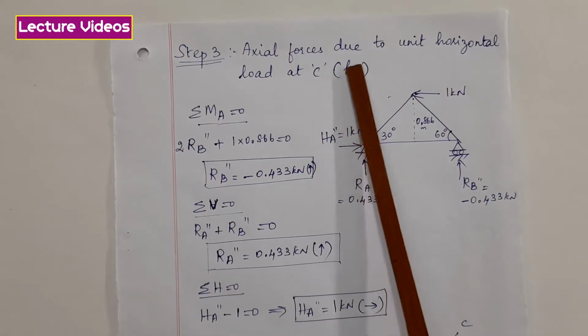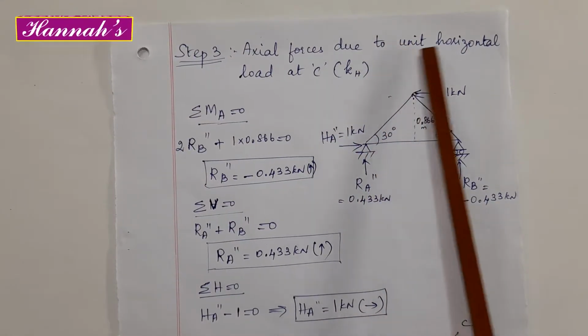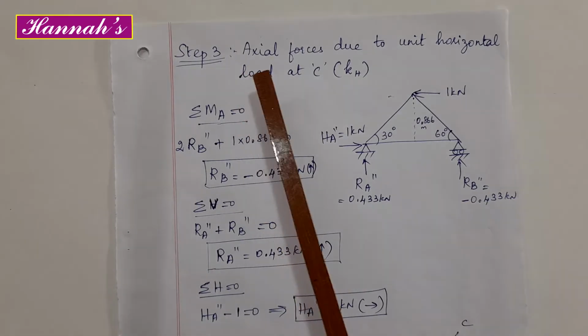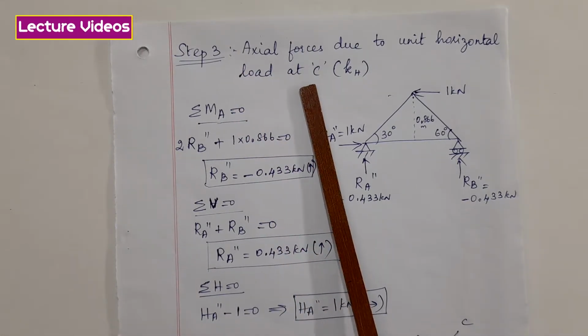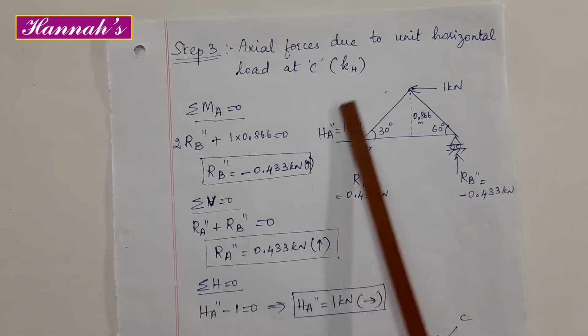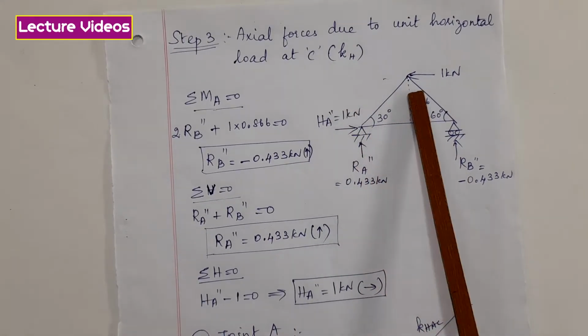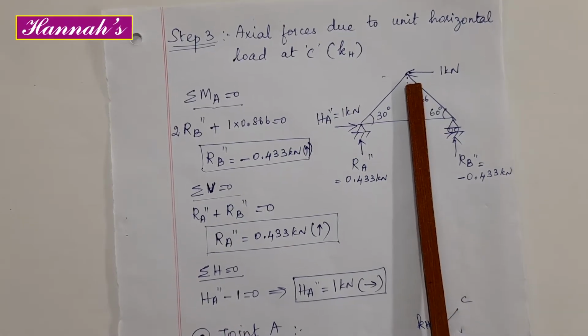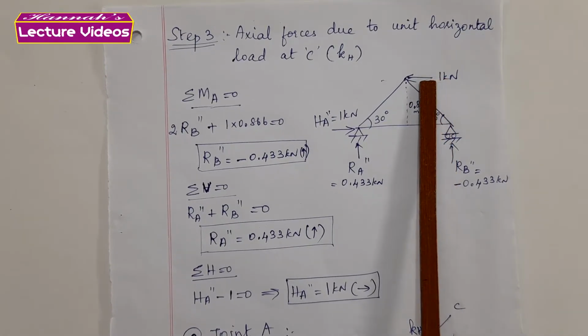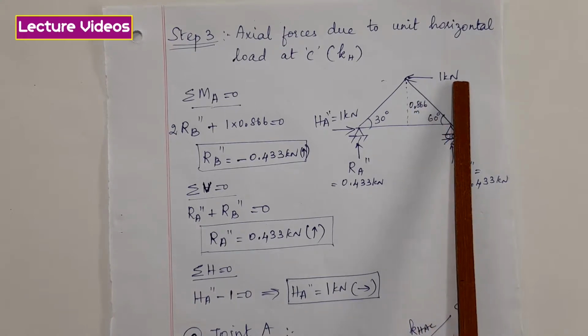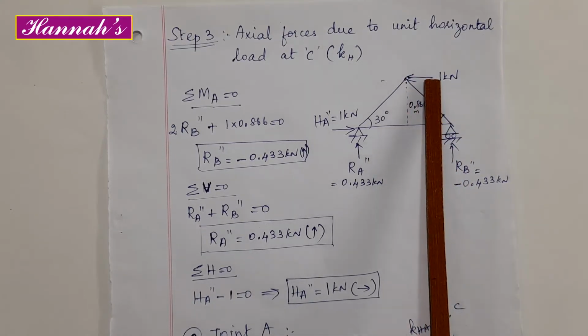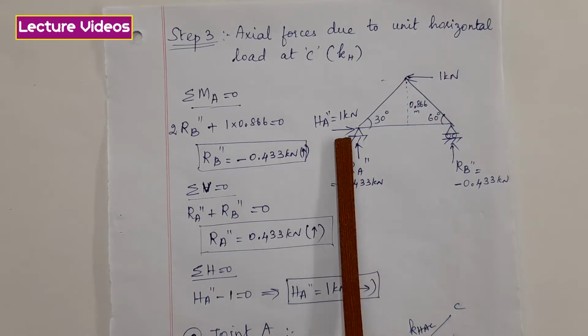To determine the horizontal deflection at C, a unit horizontal load alone has to be applied at C and the axial forces in the members have to be determined. That is denoted as KH values. I have applied a unit horizontal load at C. It can be in positive X or a negative X direction. I have taken in this direction. So for this I have a horizontal reaction.